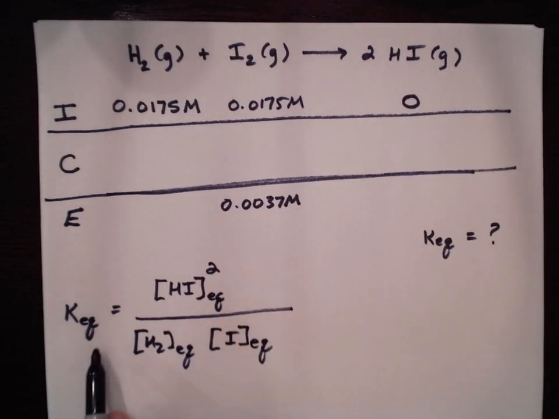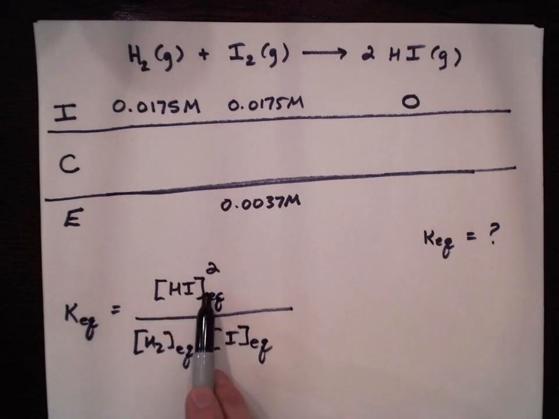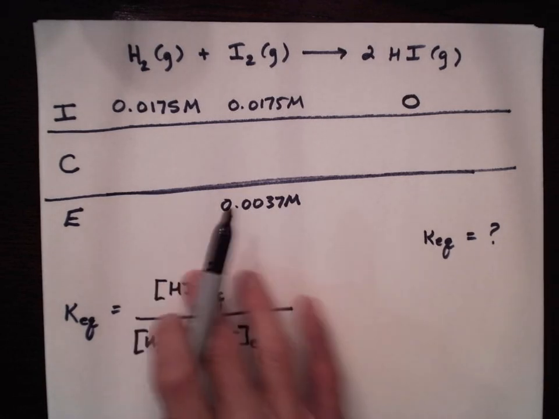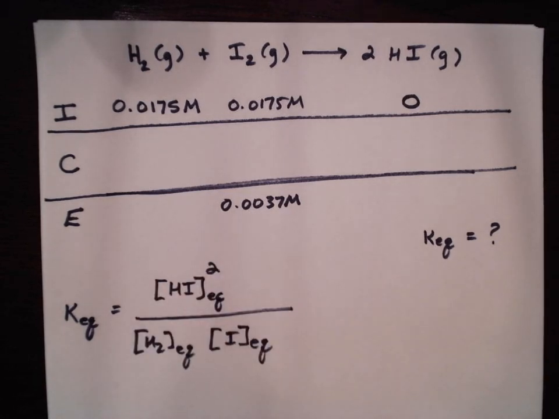So please note that the equilibrium constant is always calculated using equilibrium values of the reactants and products, of course raised to their appropriate stoichiometric powers.